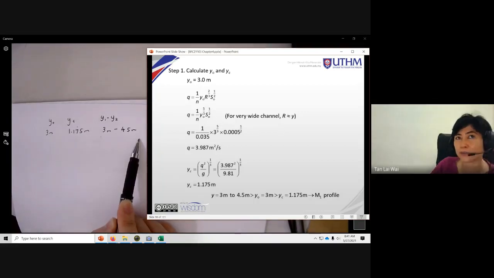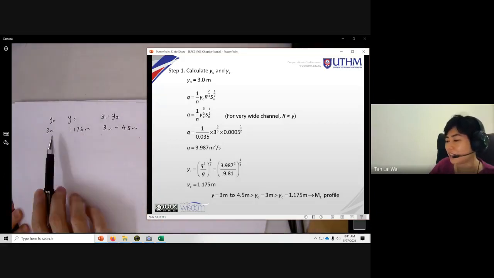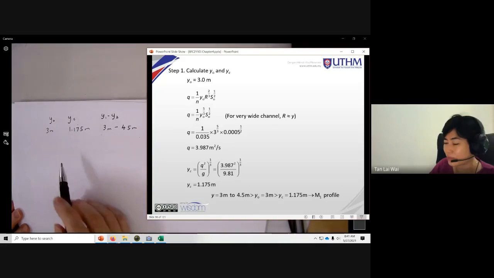In order to classify or determine the type of gradually varied flow profile, the GVF profile, arrange this in terms of which one is the largest first.